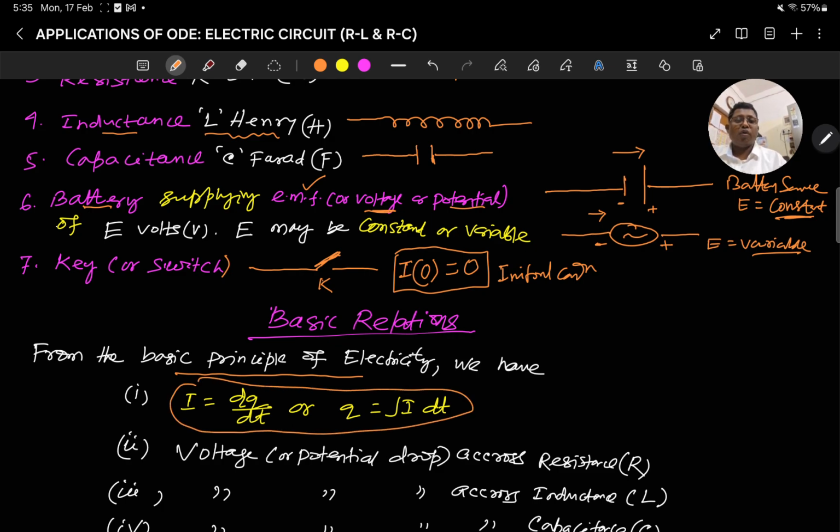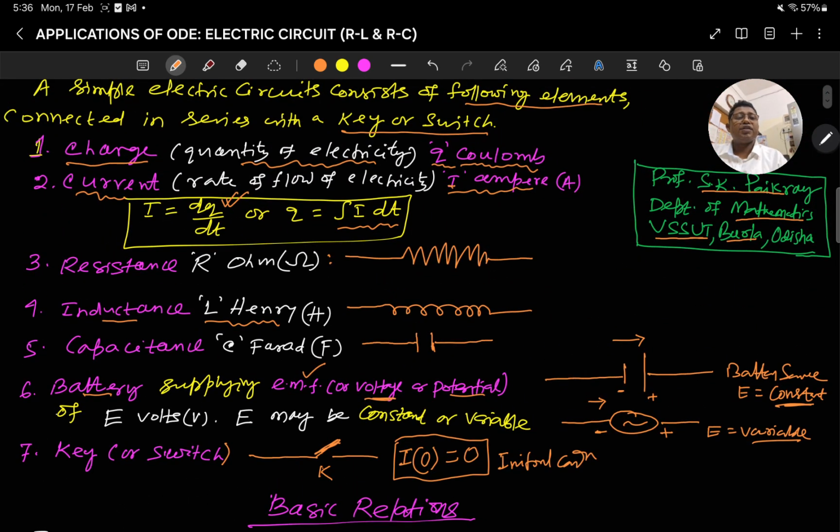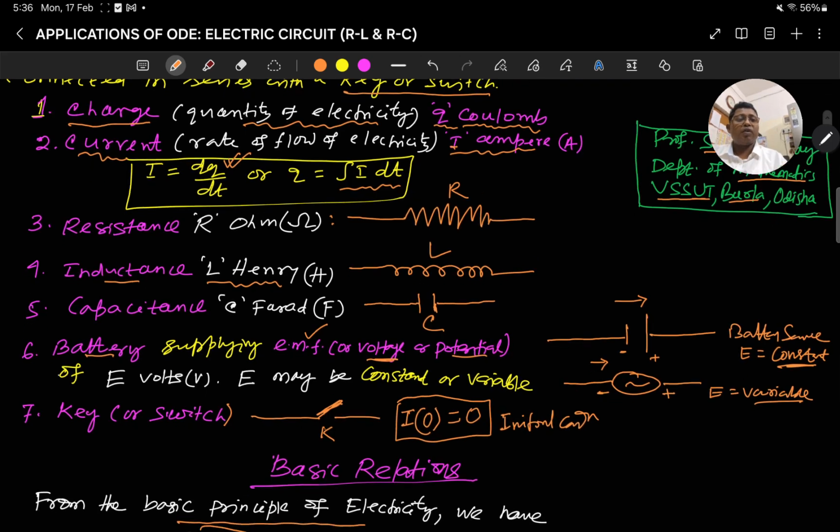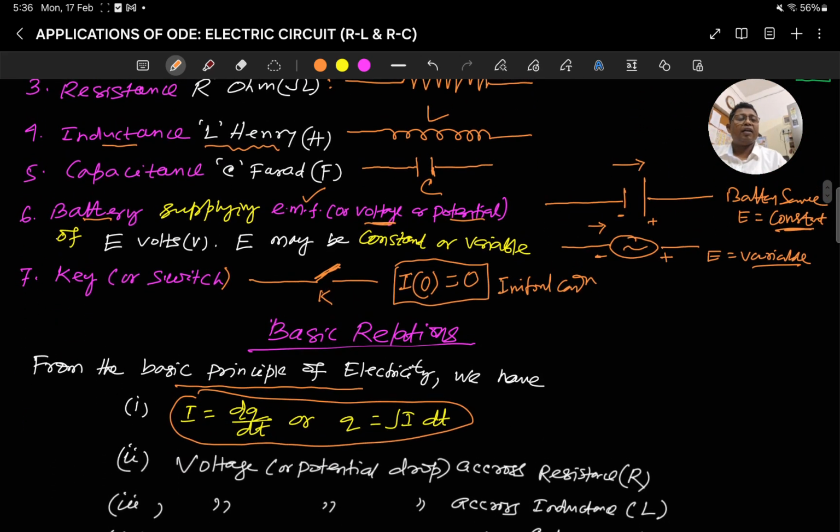Now the voltage drop across the resistance R. This is your resistance R, this is L, this is your C, and this is your E. The voltage drop across your resistance R is Ri.